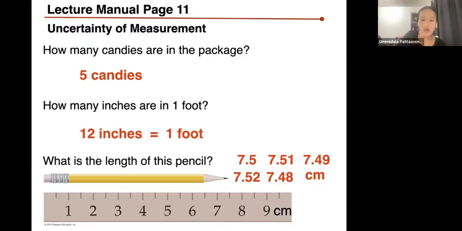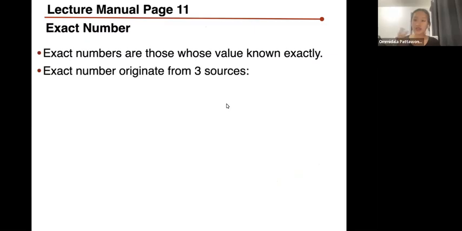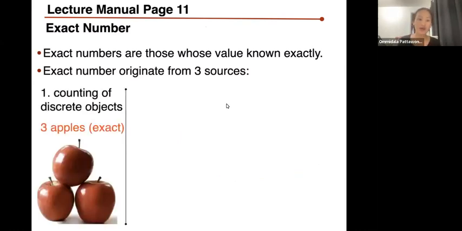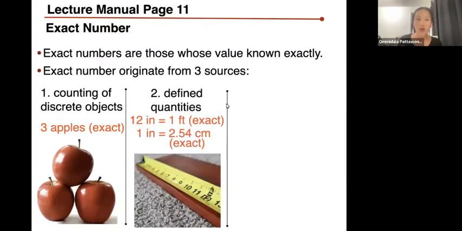In this case, you probably notice that the first two, which we counted or defined, are what we call exact numbers. For example, as you already see, when you count discrete objects such as candies or apples, those numbers are going to be exact values, or what we call exact numbers. Another one that is considered to be an exact number is a defined quantity, such as when we define that there are 12 inches equal to 1 foot.